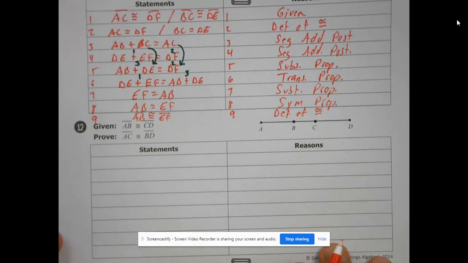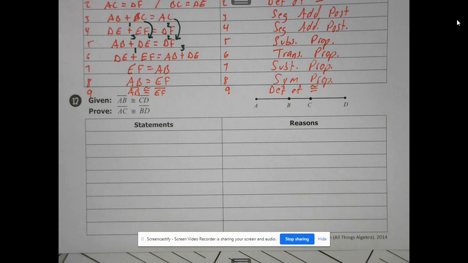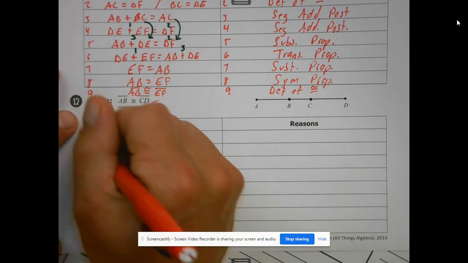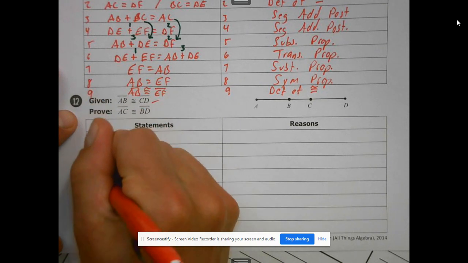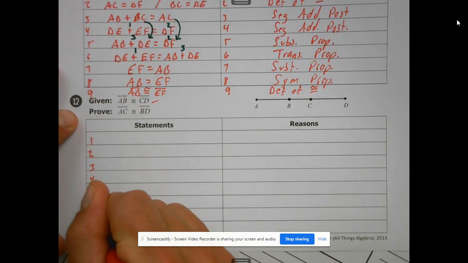Tough one. Last one. Let's see here. Number 12, I only have one given. That goes in the first statement. Let's number them again. 1, 2, 3, 4, 5, 6, 7, 8.